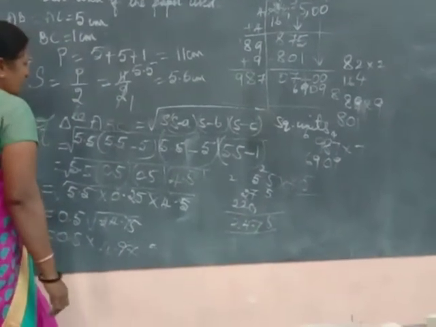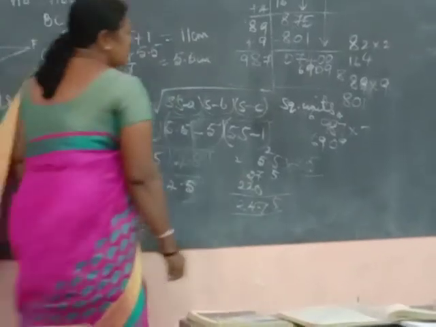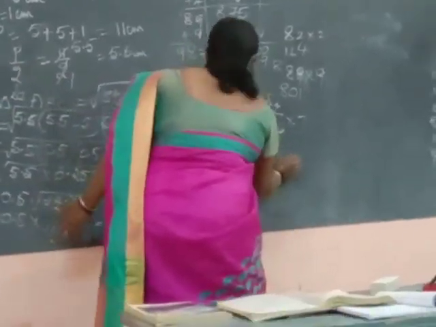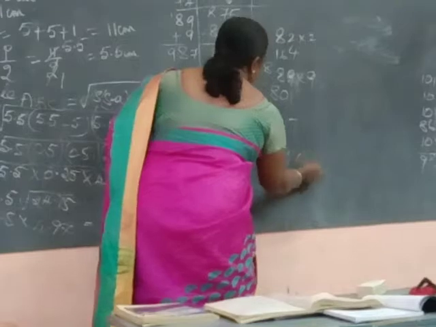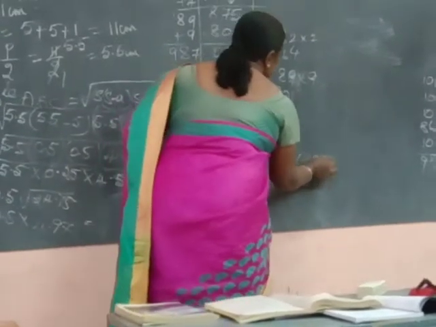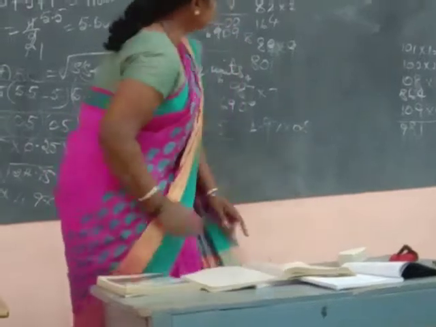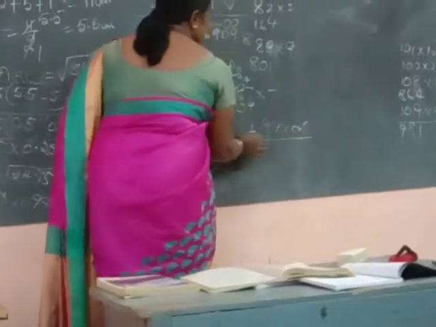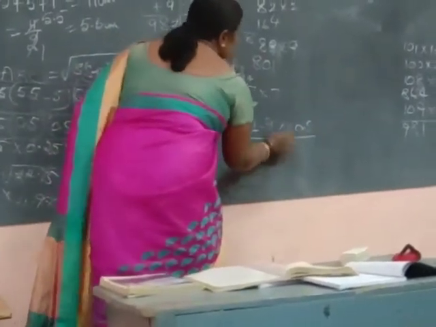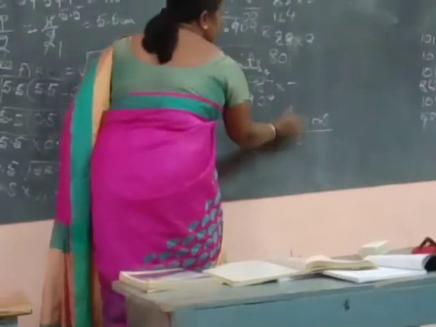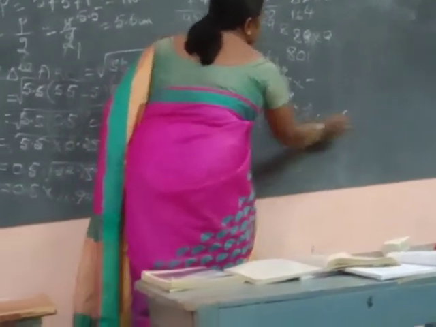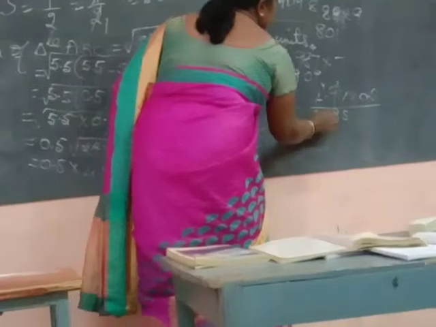0.5 into 4.97. Multiply. That is 4.97 into 0.5. 5 7s are 35. 5 9s are 45, 48. 5 4s are 20, 24.